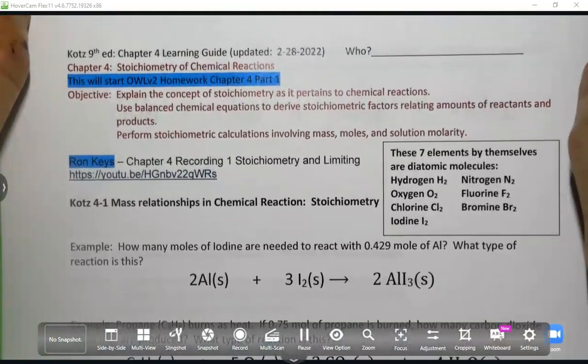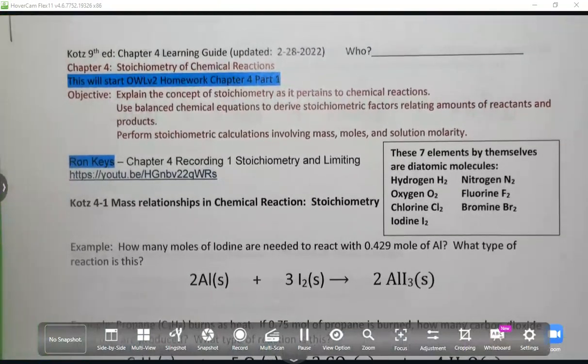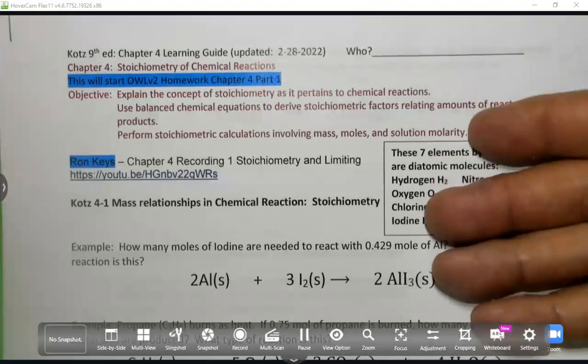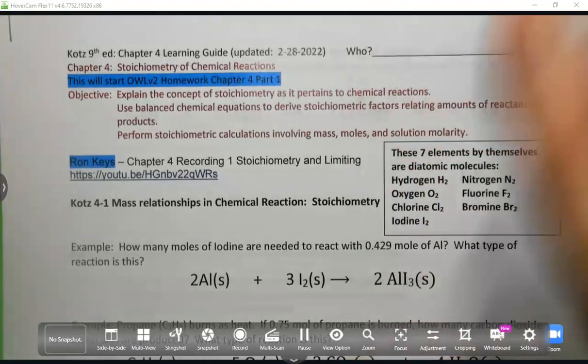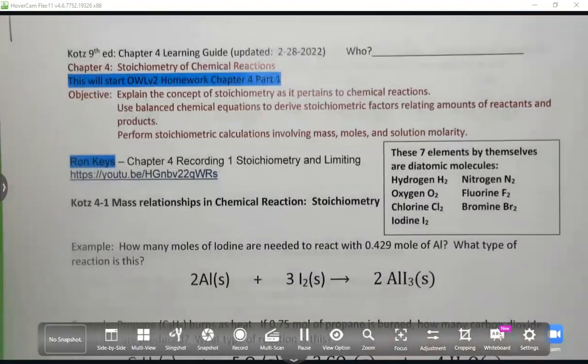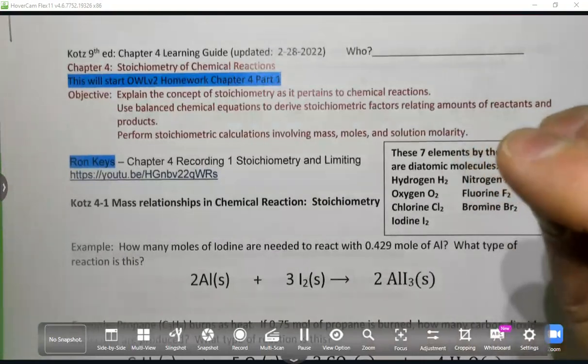So this will start chapter 4, part 1. And this is not on the test, right? Chapter 4 is not on the test. But let's introduce you to this and where we're going.